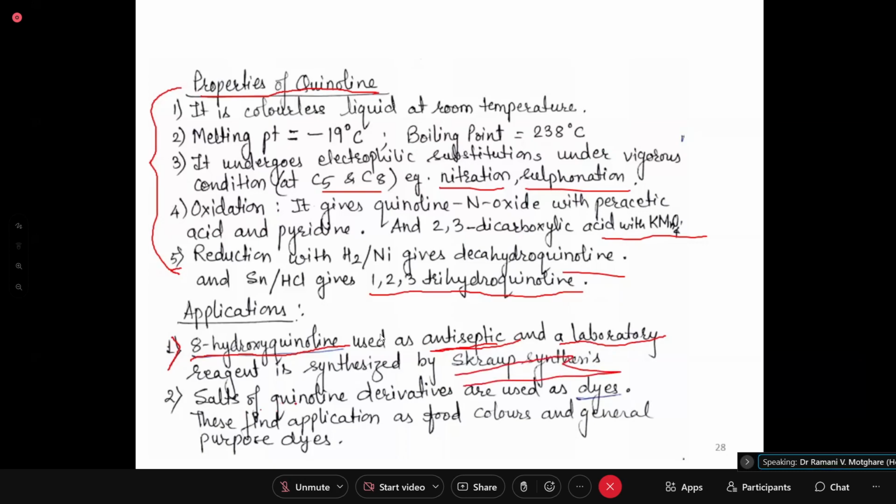Then salts of quinoline derivatives are used as dyes, a number of dyes for staining of microorganisms in microbiology lab, or staining of fabric and textile material. Okay, these find application in food colors also. They are colored compounds, and thus such dyes are prepared.